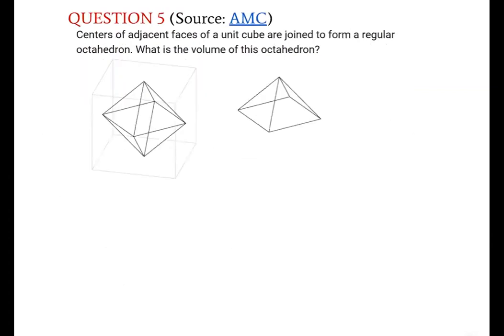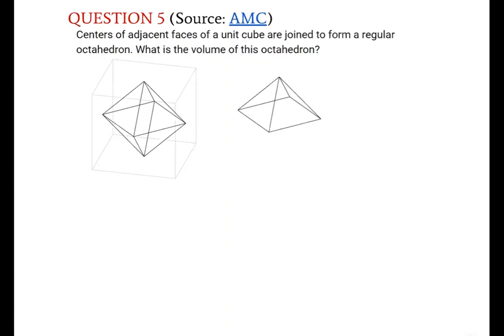Okay, question 5, last problem. So all you had to do was, 47. All you had to do was connect the centers of adjacent faces of a unit cube to form an octahedron.